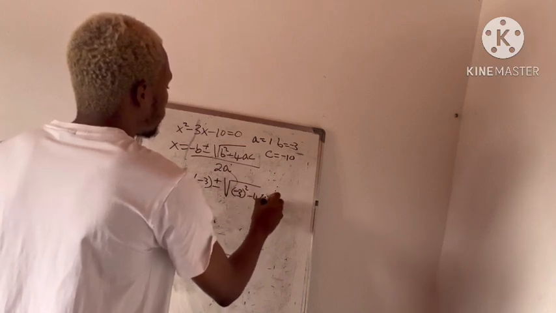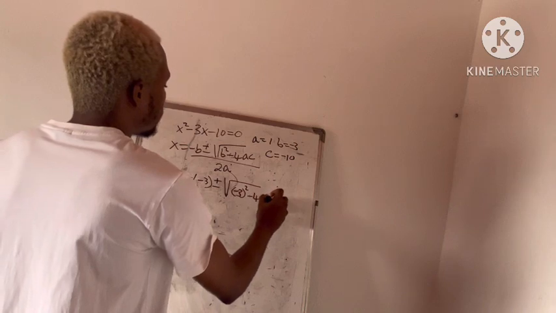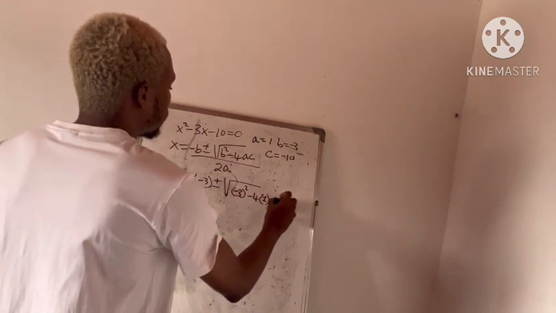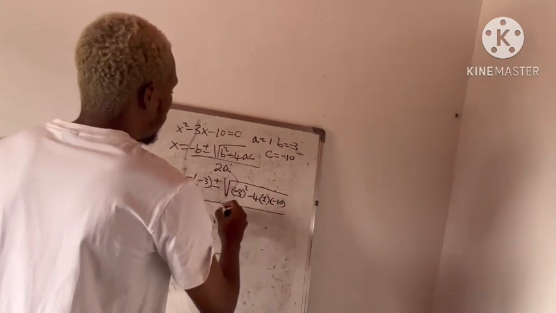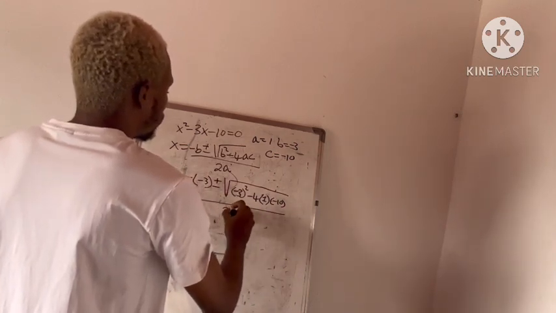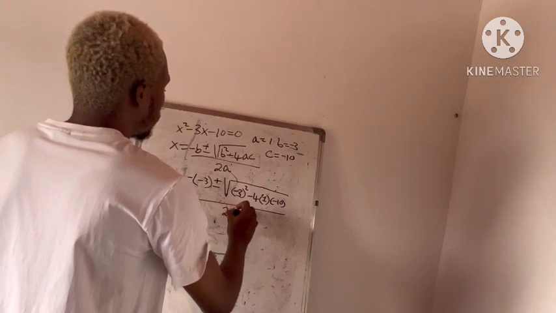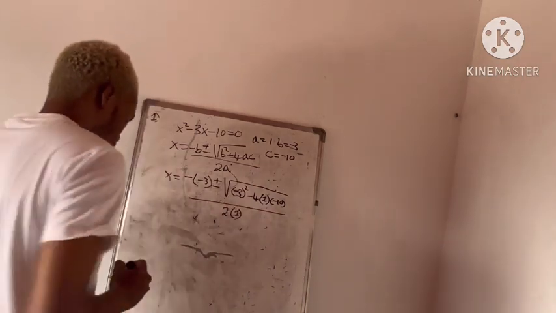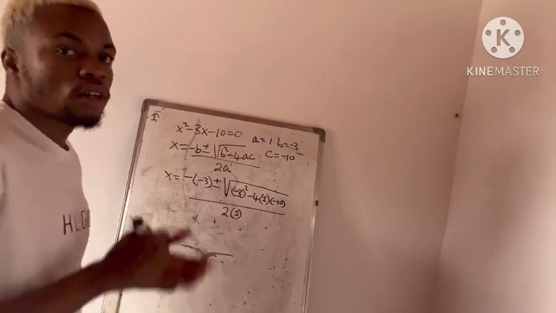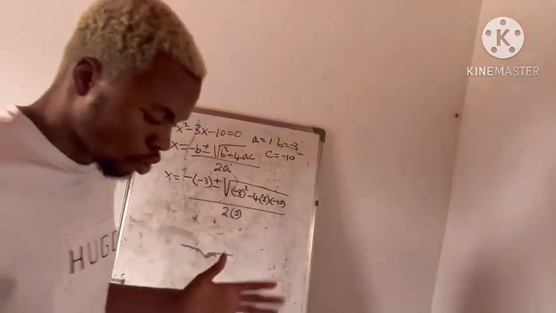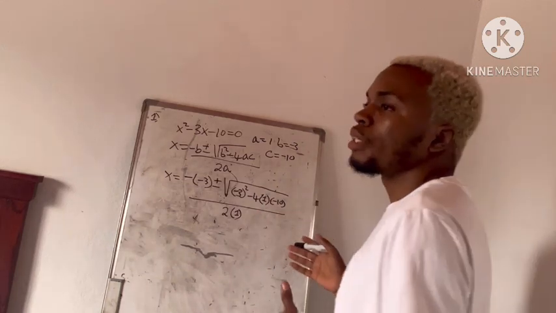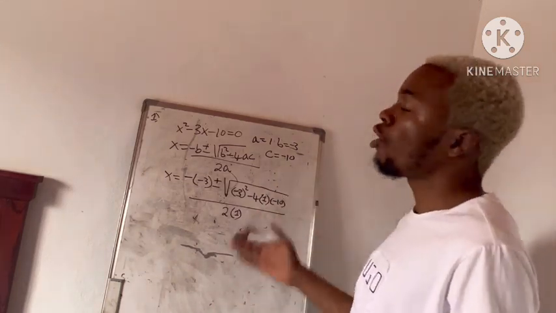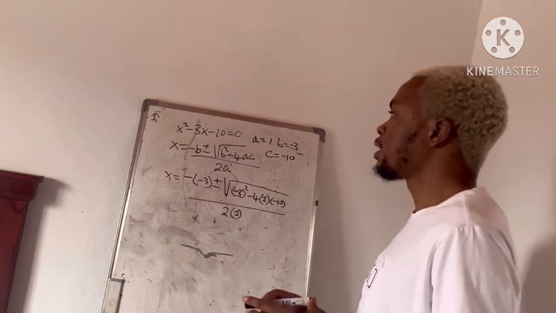A is 1. And what's our c? Our c is negative 10. All this divided by 2a. What's our a? 1. I hope you are following, because solving this is not complicated.